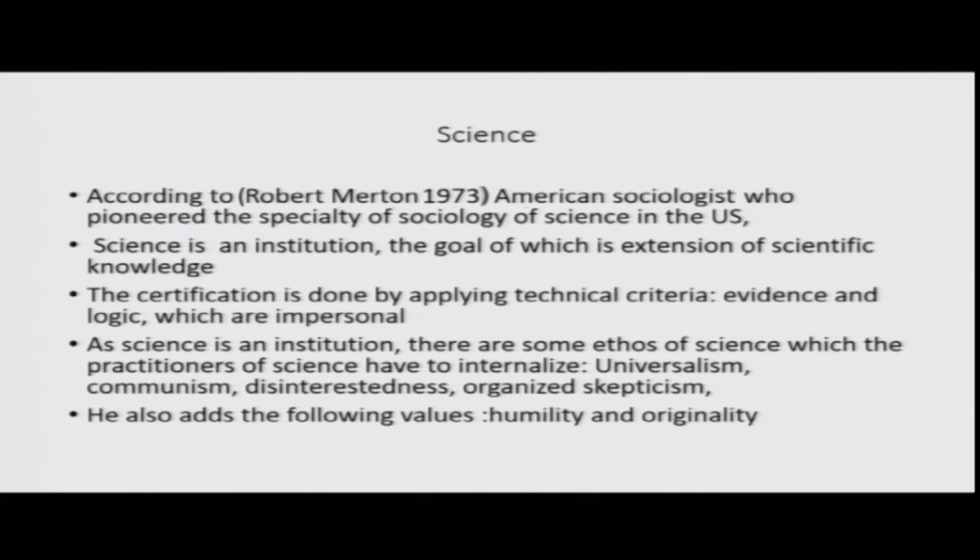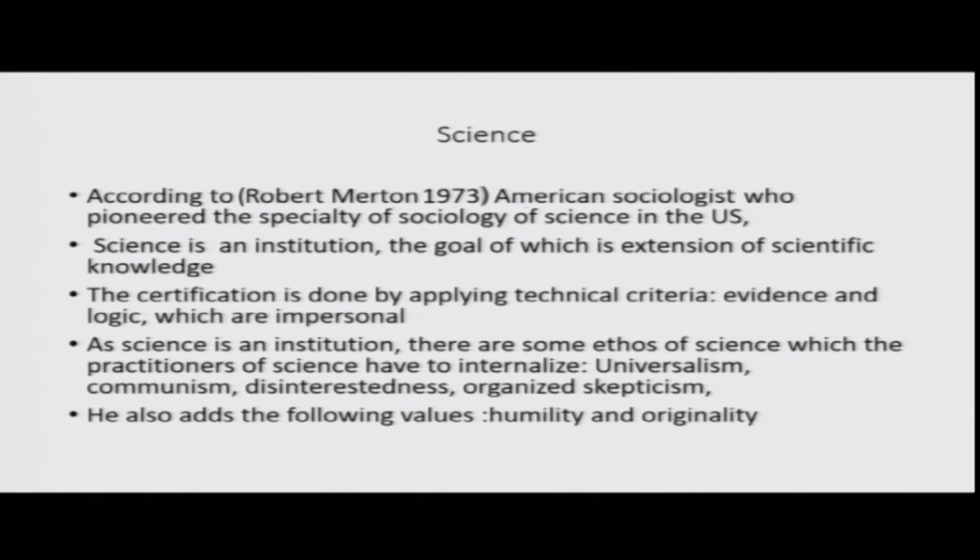So, by 19th century science became more a professional kind of activity. It is no longer an amateur activity, and once it becomes professional, then certain codes of conduct become imperative for people to practice science.